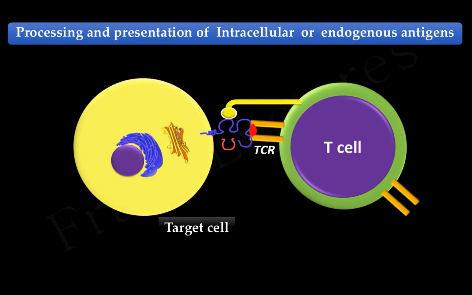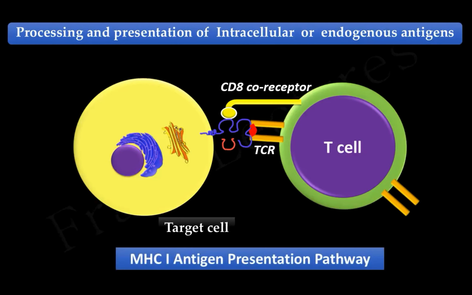It also has the coreceptor CD8, which recognizes the alpha-3 domain of the MHC class I molecule. Thus, T cells interact with both the peptide and MHC molecule on the surface of the target cell. Since this pathway involves MHC class I molecules, it is also known as the MHC1 antigen presentation pathway.